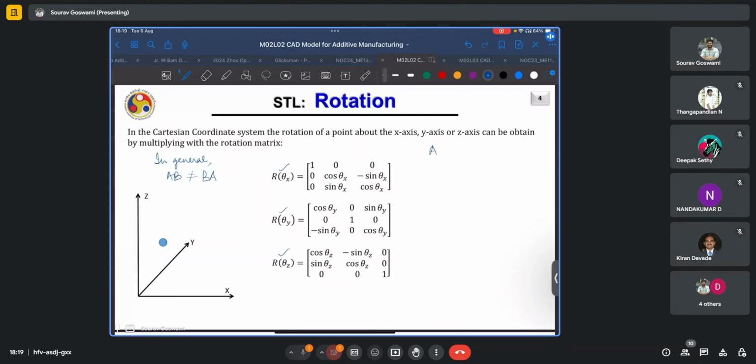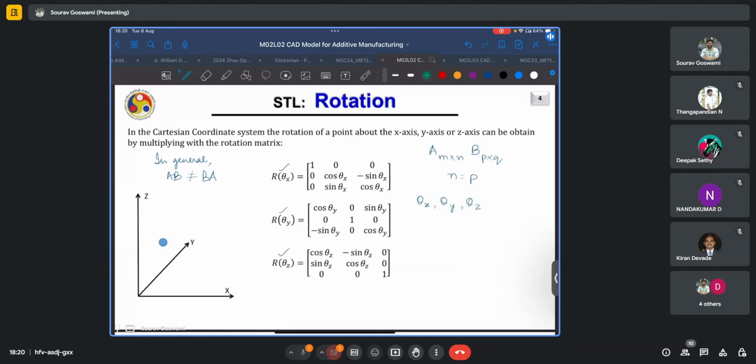So if you have an m cross n matrix multiplied to a matrix B of P cross Q dimensions, then in this case, n should be equal to P. These are just a couple of preliminaries we must keep in mind. Thus, when we are rotating a point about three axes by the angles theta x along the x-axis, theta y around the y-axis, and theta z around the z-axis, based on the sequence of rotation that you apply, the final result might be quite different.